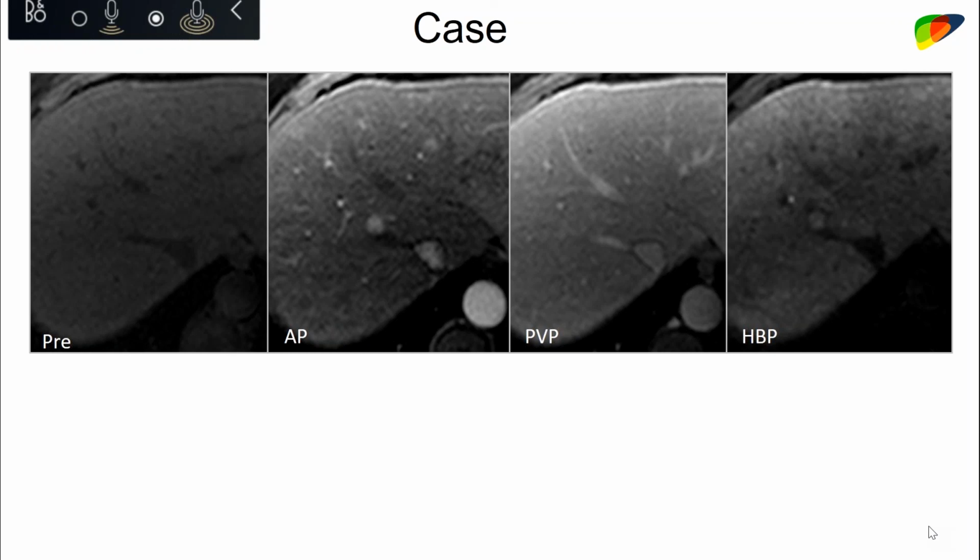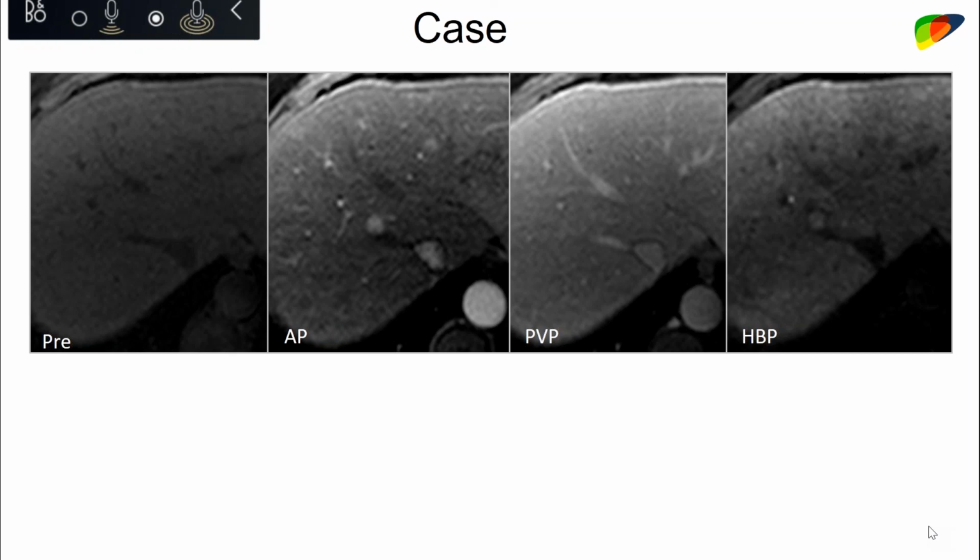So I personally don't use it as an imaging feature, and people might use it differently, but I personally don't use it as something to sway me one way or the other. If I see a nodule that is hyperintense in the hepatobiliary phase in a patient with cirrhosis who has that increased risk for HCC, I am not sure what to do with it.